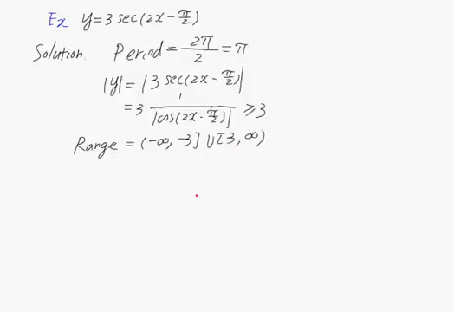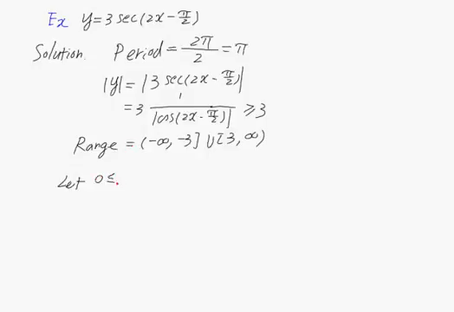Now, we need to draw one cycle of the graph of this function. So we know the fundamental cycle of the secant function and the cosine function is from 0 to 2 pi, right? So to determine one cycle of this given function, we just let the expression inside the parenthesis be between 0 and 2 pi.